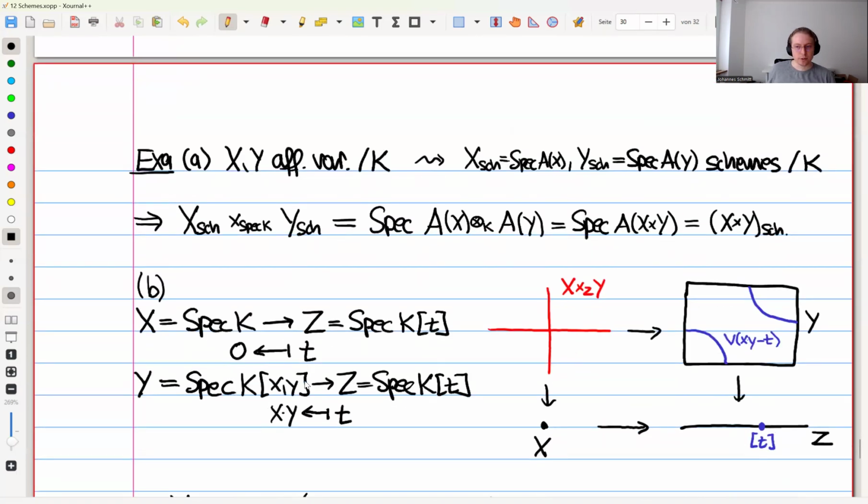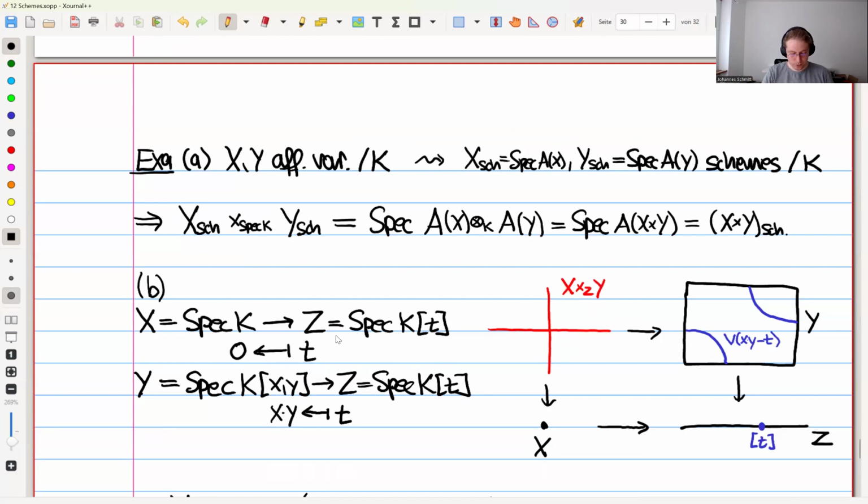And then second, maybe to explain this name, why is it called a fiber product? We can now do more general things than just taking these fiber products over Spec k, or the spectrum of a field. So for example, let's take the following two maps. We have X equals Spec k, which is just a point.